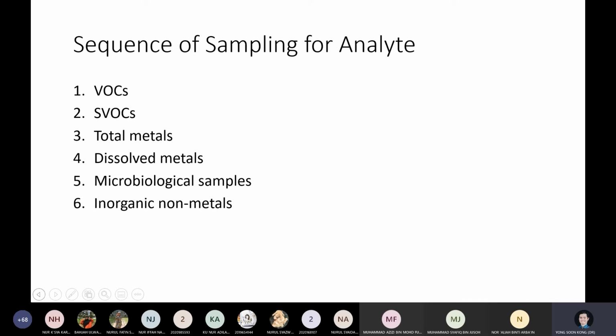So if you want to determine total metal, most likely it will be very high because everything is inside there. Now, total metal does not mean all of these metals will be absorbed by humans, because some of them are not even soluble. So these are the metals that should not be too harmful to humans.